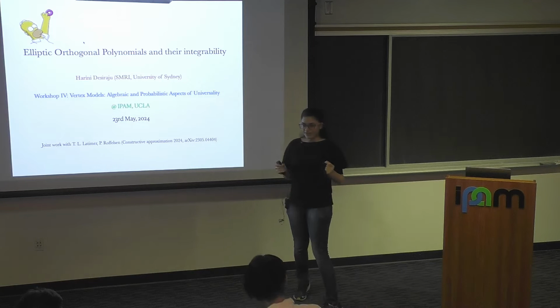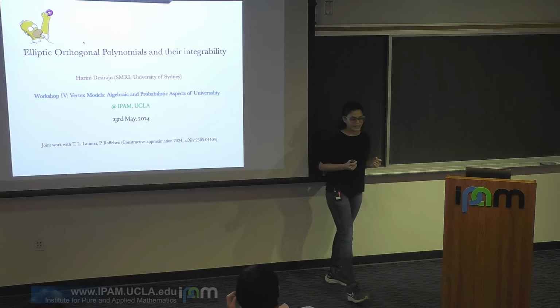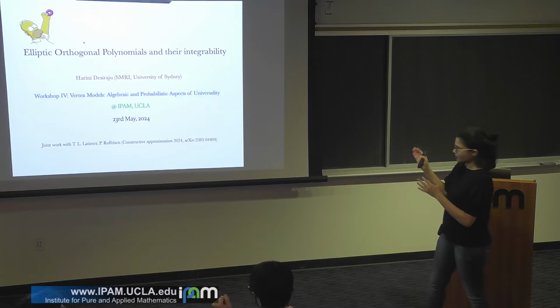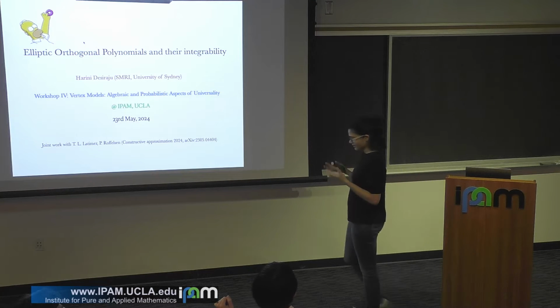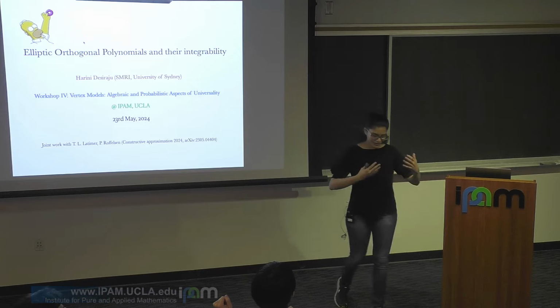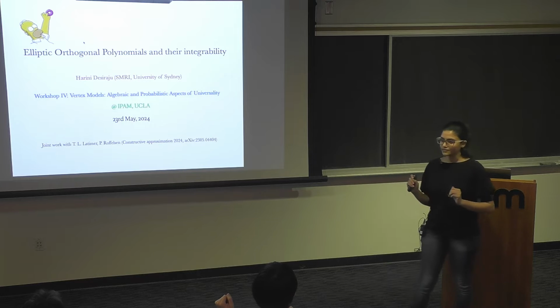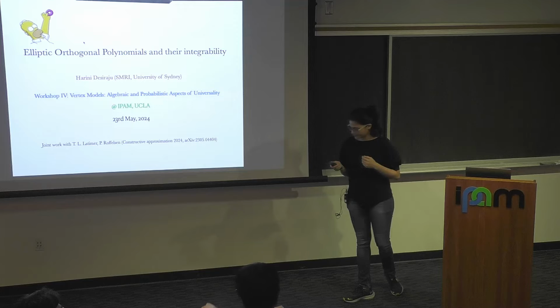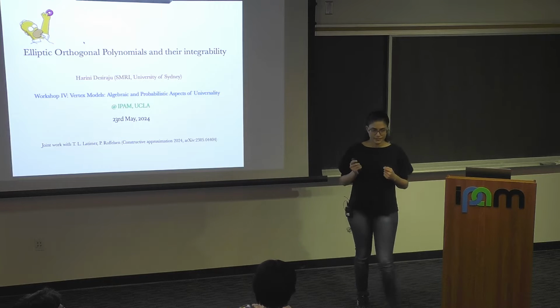Orthogonal polynomials have a very important place in the context of integrable systems. And so with this work, we are combining different lessons I've learned from the elliptic generalizations and applying it to orthogonal polynomials and trying to see what kind of structures are underlying.